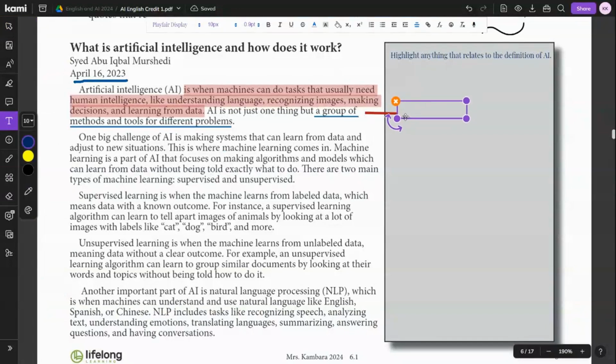So some ideas of tools for different problems: we have Grammarly, which is AI that helps you correct your writing and your grammar. And then we have ChatGPT, we have Google Maps, Apple Maps, the TikTok algorithm.